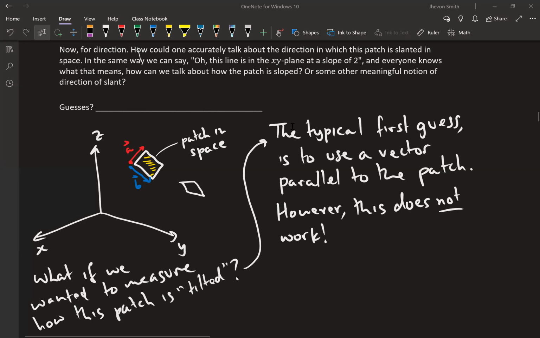And so that would have been the guess. The guess here is find a normal vector.